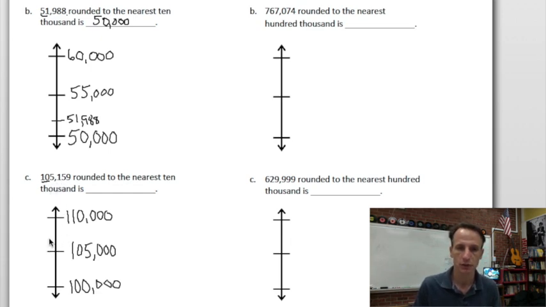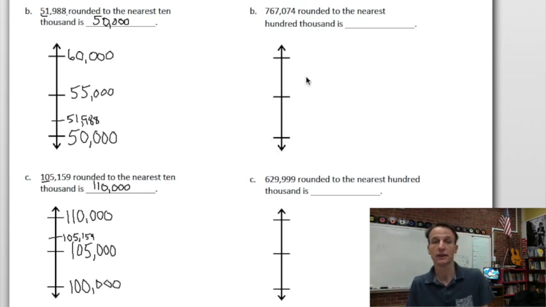So I'll just put it right here so I have space to write it. 105,159. And then what 10,000 is it closest to? Which of these? It's obviously closer to the 110,000. Okay, and if you find that confusing, go back, watch that again.